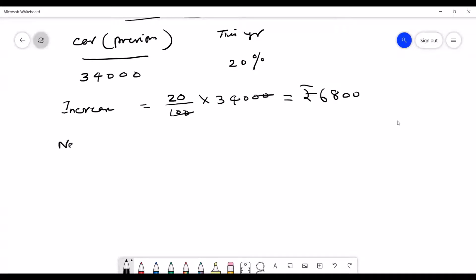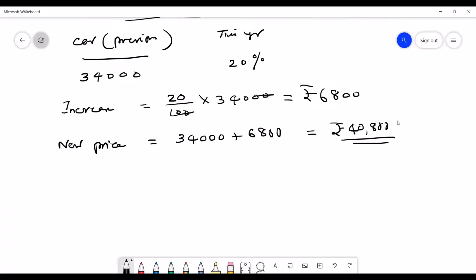So the new price of this car will be 34,000 plus 6,800, that is a total price of 40,800 rupees.